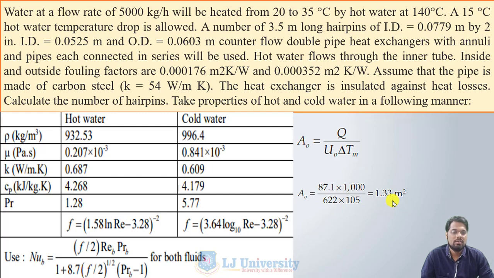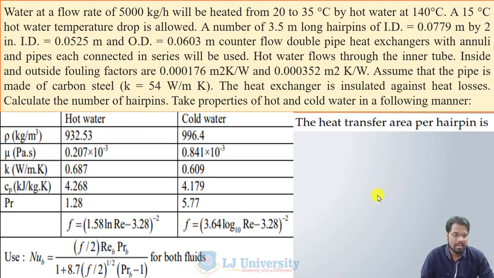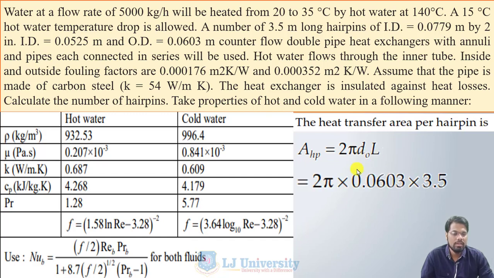Now the question is how many hairpins are required to provide this area. So we have to find the heat transfer area provided by one hairpin. For one hairpin, the area provided is 2π Do L. So this is 2π times the outer diameter, 0.0603, times the length of the pipe, 3.5.